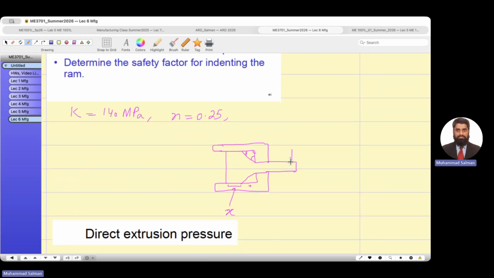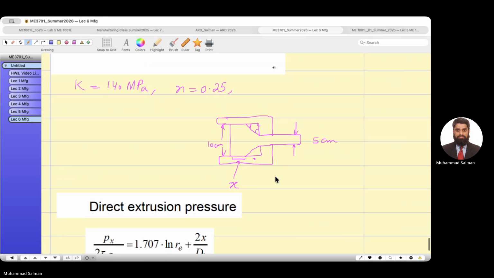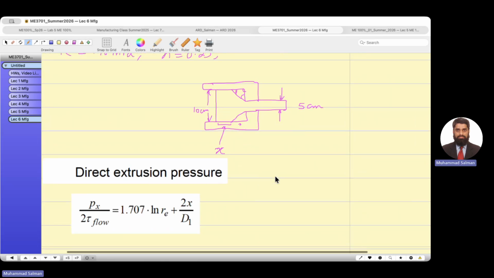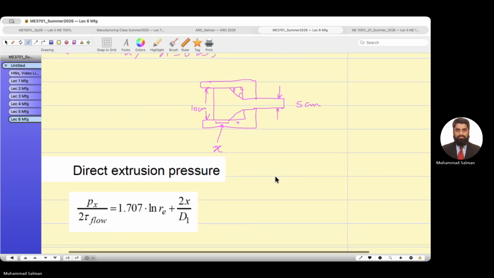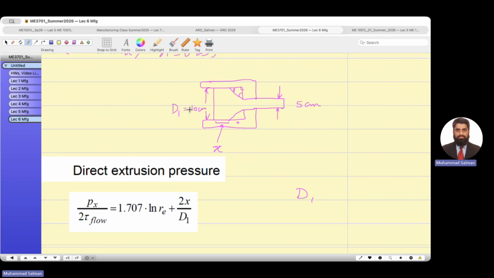So D1 equals 10 centimeters according to our notes, and D2 equals 5 centimeters.